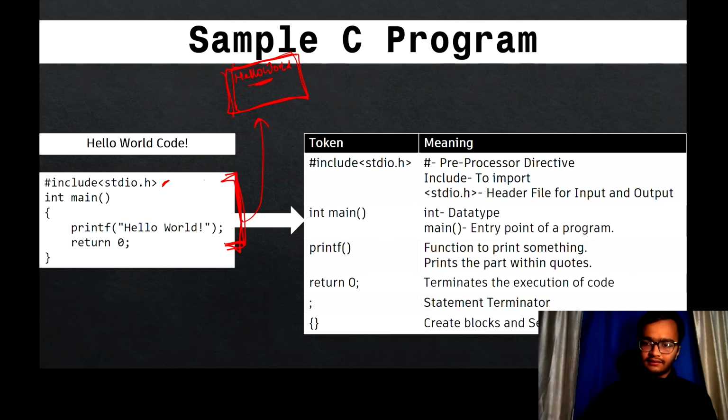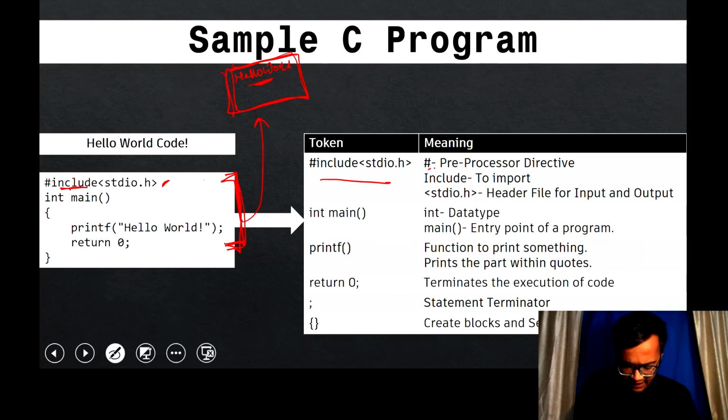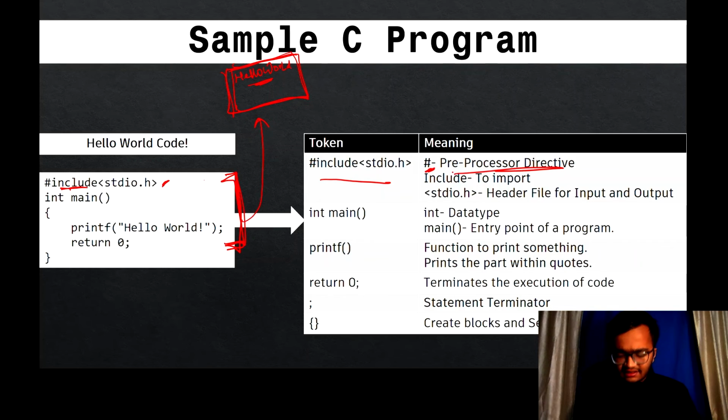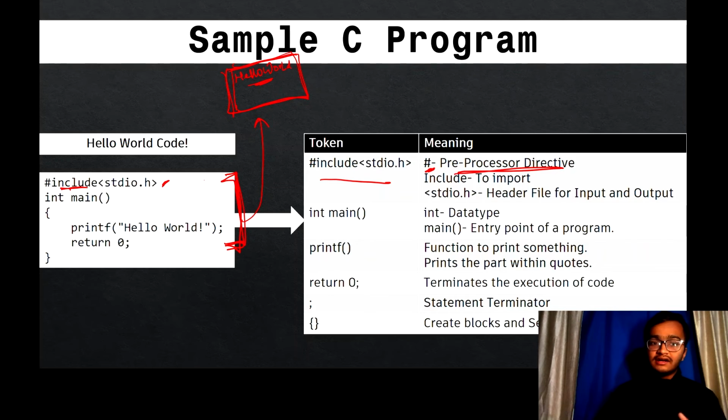Okay, so let's see. The first line is #include stdio.h. So what does #include stdio.h mean? See, here hash is the preprocessor directive. What does the preprocessor directive do? It directs the compiler. Why compiler?